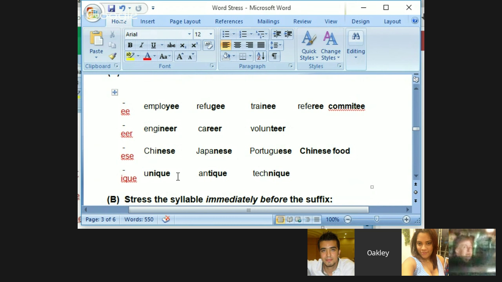They're always going to sound the same. You're not going to say unique and antique differently. It's eek every time. Is antique? That's it. Yes, it is. So unique, antique, technique. Very much going higher, stretching the sound. Again, the suffix is stressed.